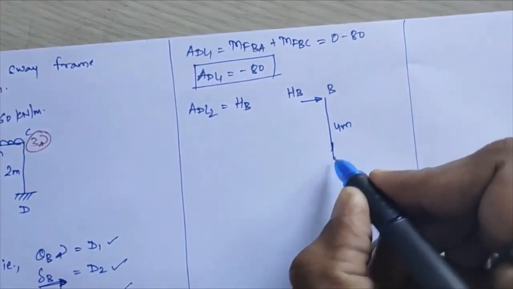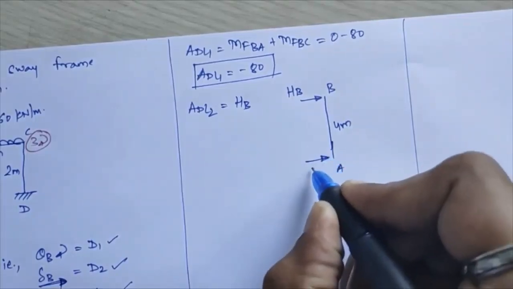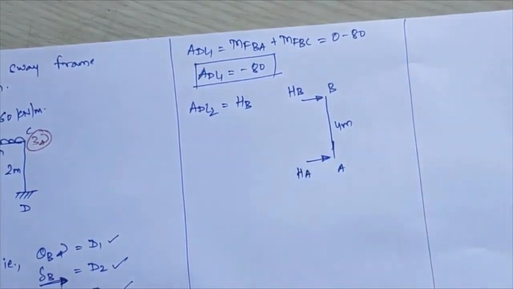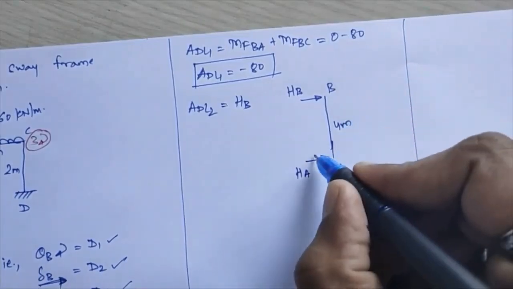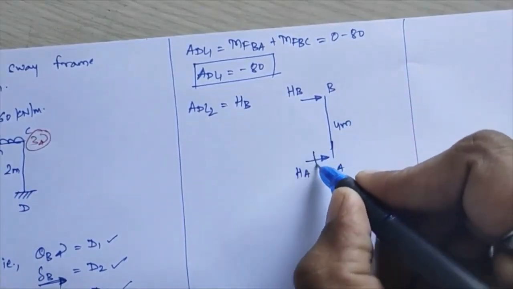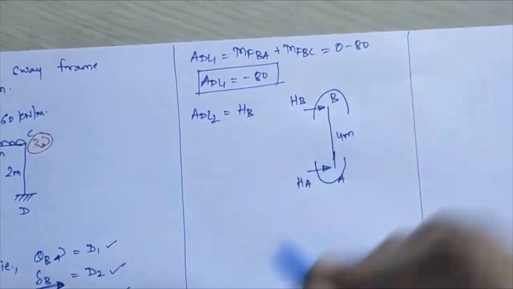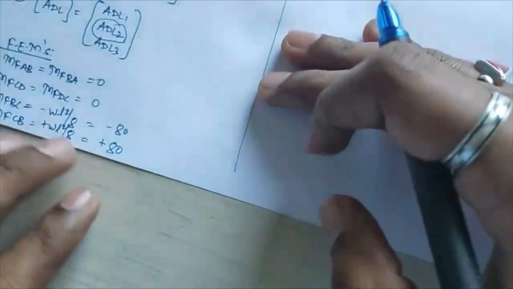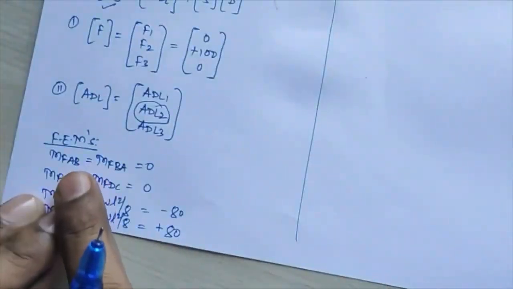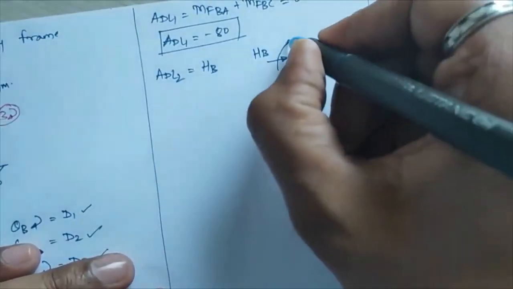Along with that, at joint A you will have HA. Along with that you will have the friction moment at A and the friction moment at B. But MFAB and MFBA are both 0, so these moments are directly 0.